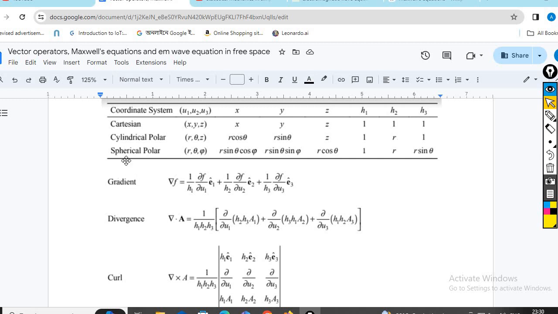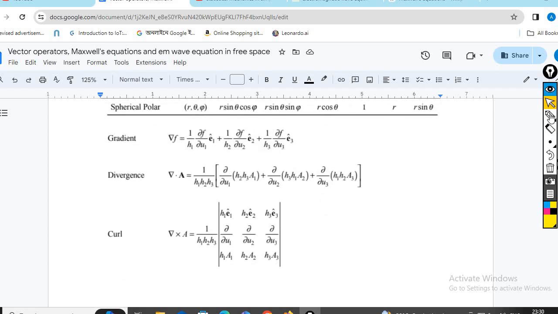And if you write it for the spherical coordinate system, our h1 will be 1, h2 will be r, and h3 will be r sine theta. You can just put it over there and you can get the simplified form of the operators for different coordinate systems. If it is applicable for gradient, this will also be applicable for divergence and curl.